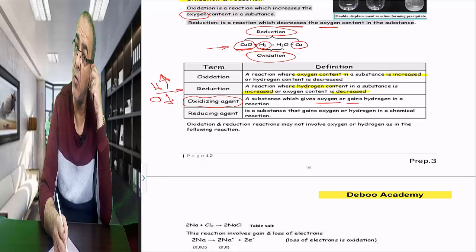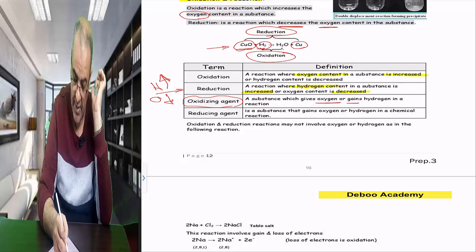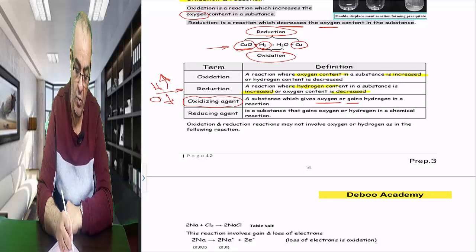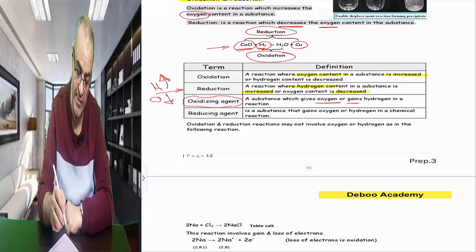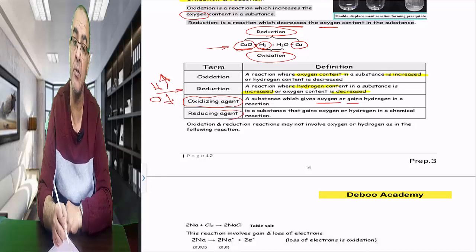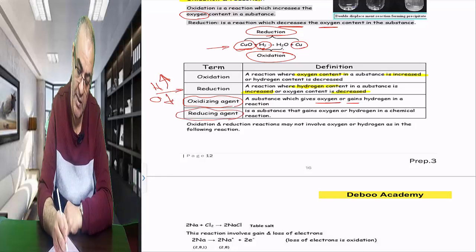When it gives oxygen, what process happens? Yes, reduction is happening. So this substance, to which reduction happened, is called an oxidizing agent. Reducing agent is the opposite: the substance that gains oxygen or hydrogen in a chemical reaction.